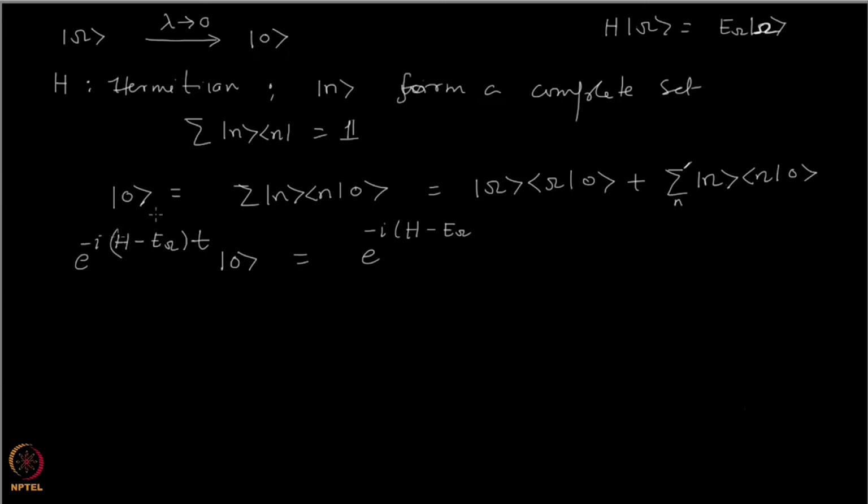And you know this is the time translation operator. That operator I am acting on the ket 0 of the free theory. Here the same thing. This is some complex number.